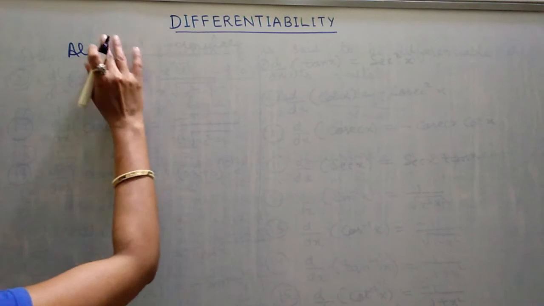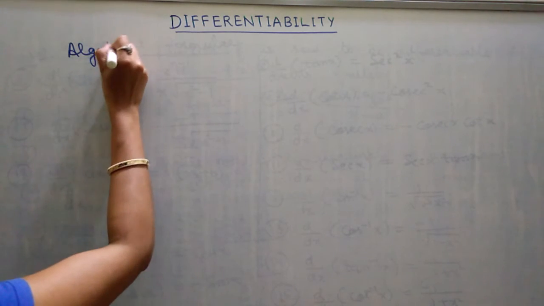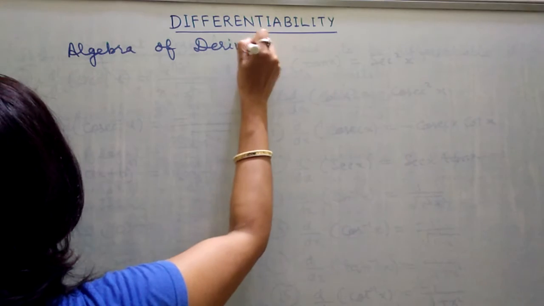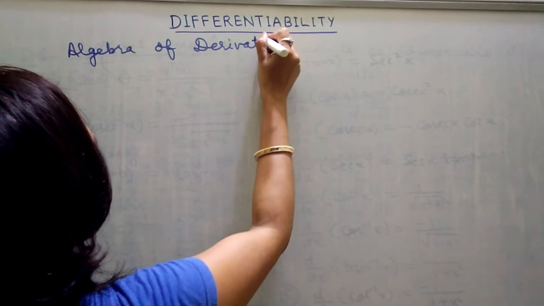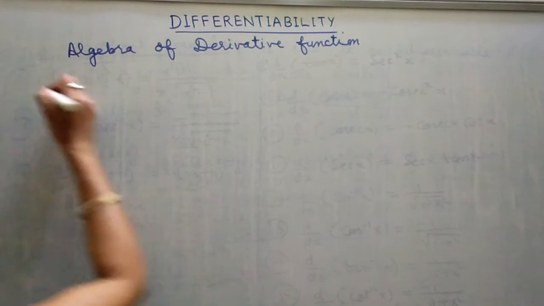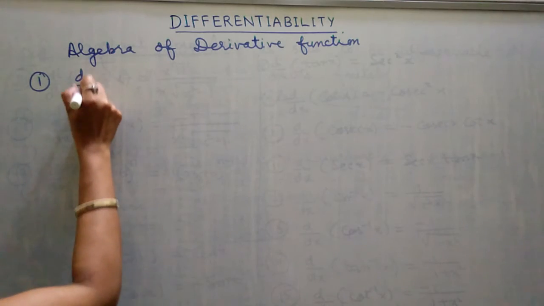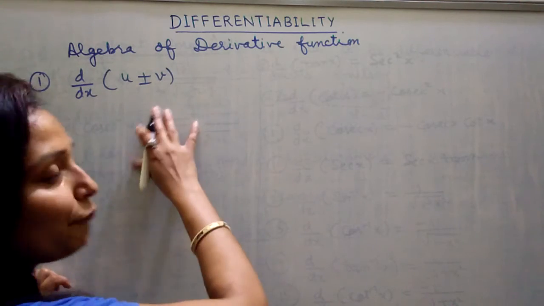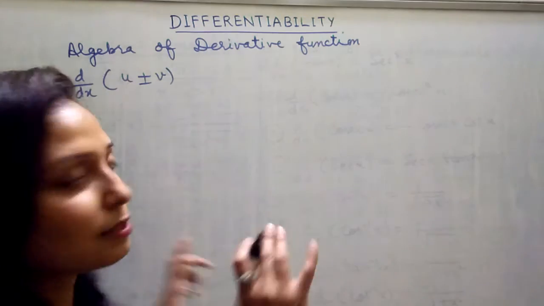Algebra of derivative functions. First, the derivative of u plus or minus v: both work in the same manner.